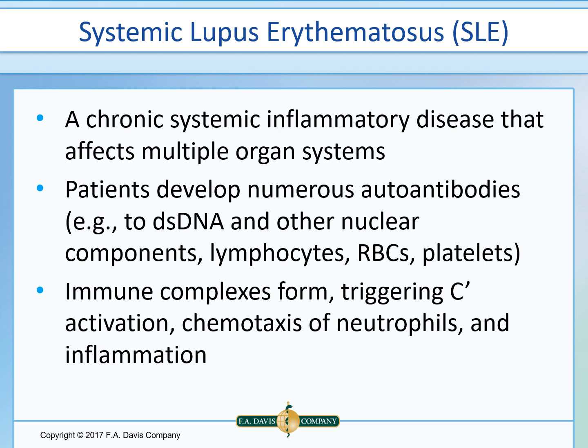Patients with lupus develop numerous autoantibodies, such as those to double-stranded DNA and other nuclear components, and autoantibodies to lymphocytes, red blood cells, and platelets. Immune complexes form, triggering complement activation, chemotaxis of neutrophils, and inflammation.